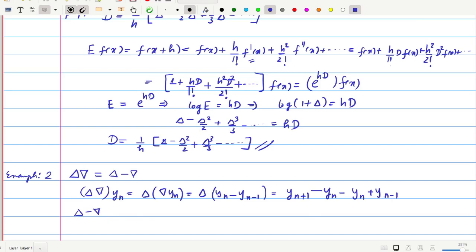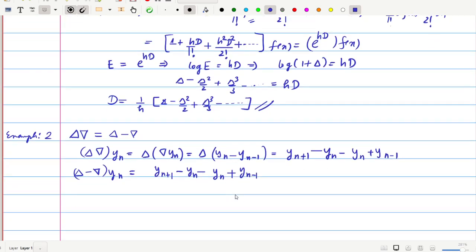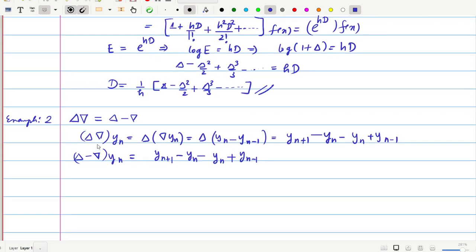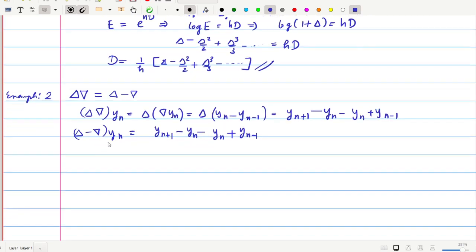Delta minus del of yn: delta of yn is yn plus 1 minus yn, and minus del yn. Del yn is yn minus yn minus 1, so minus of that is plus yn minus 1. So from these two equations, you can easily write that delta del is the same as delta minus del.